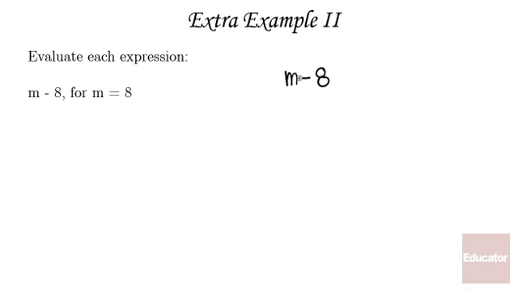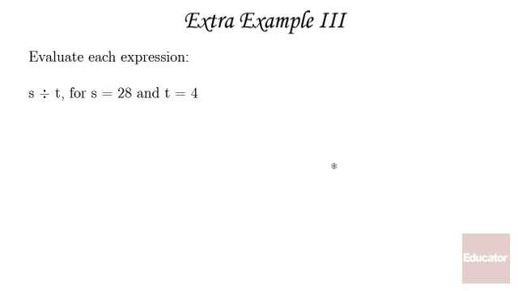So remember variables? This is a variable that represents a number, right? And the number that it represents is 8. So this is the same thing as 8 minus 8. And my answer is 0. So when I evaluate the expression m minus 8, when m is equal to 8, then my answer would be 0.